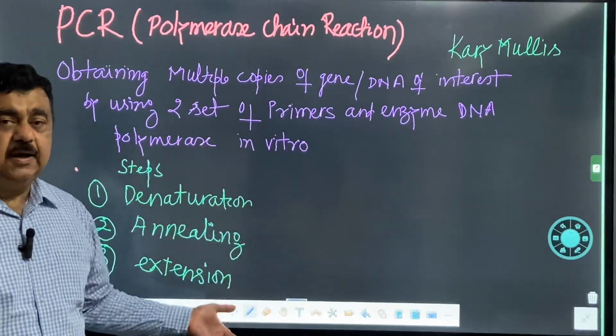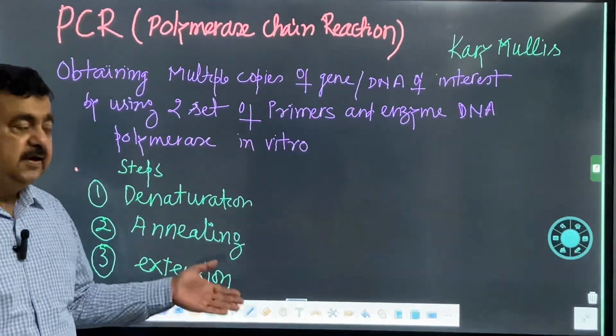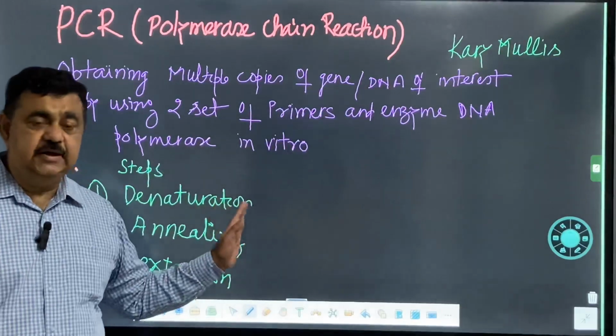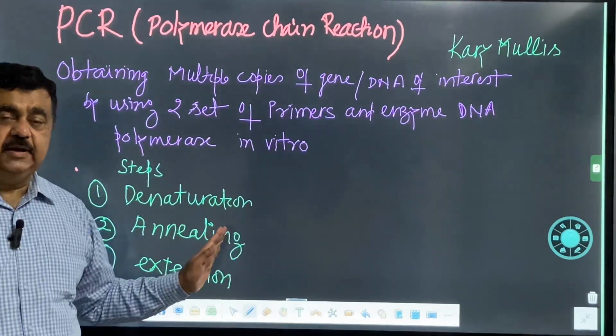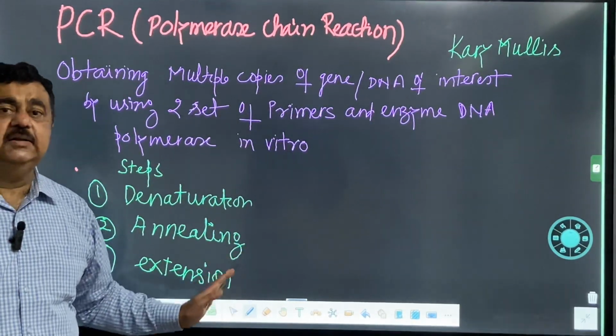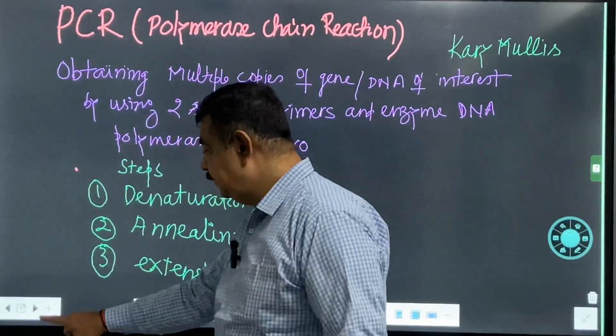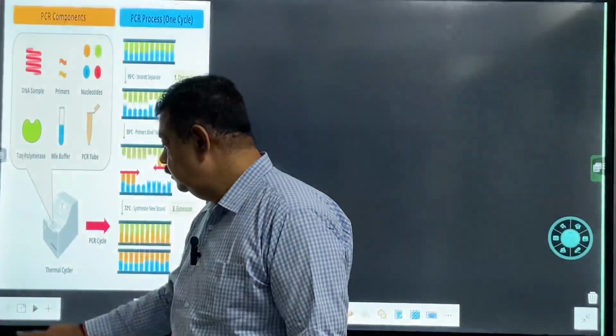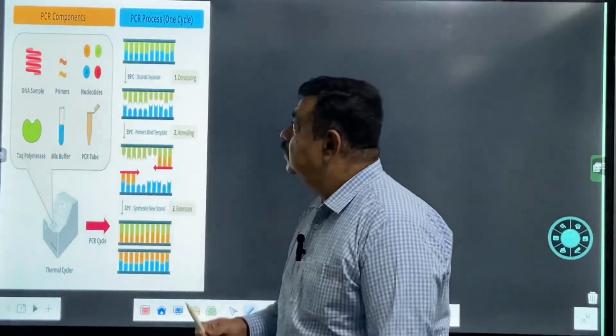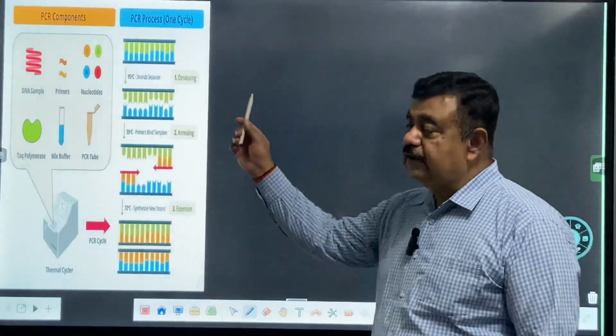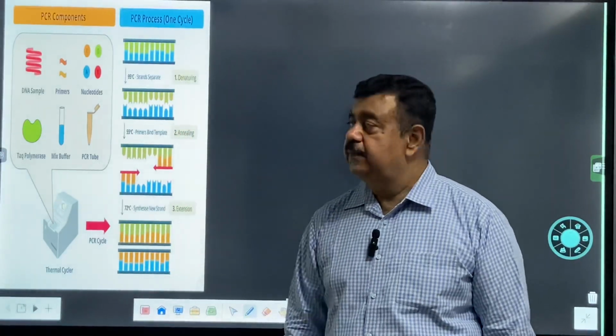If you see the PCR, it has three steps: denaturation, second is annealing, and third is extension. Now, what are the components in the PCR?